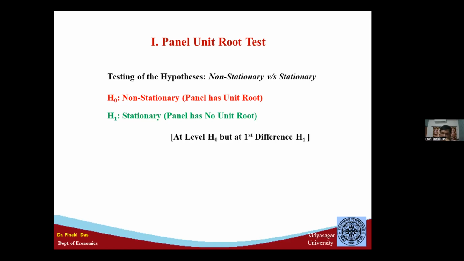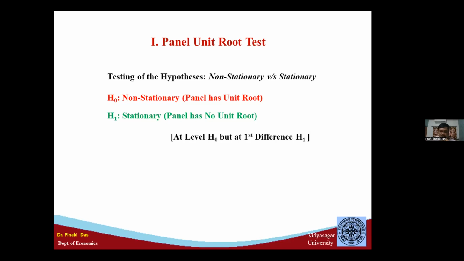Here we formulate the hypothesis. In the panel unit root test, the null hypothesis is non-stationary, whereas the alternative hypothesis is stationary. Non-stationary means the panel has a unit root, and stationary means the panel has no unit root.